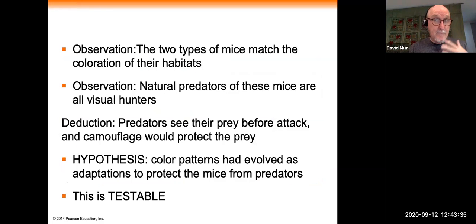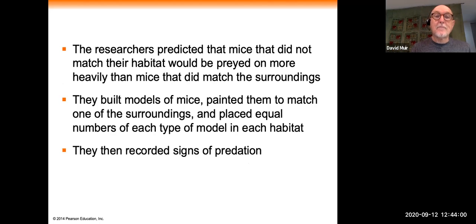They're based upon these following observations. They match the color, and their predators hunt by sight. So what do we deduce from that? Predators have got to see their prey, and camouflage would protect the prey. So we hypothesize that these colors have evolved to protect the mice, and we test it in the following way.